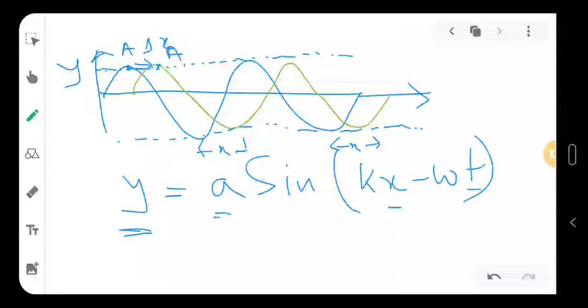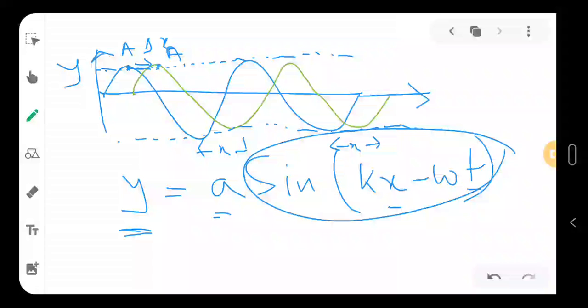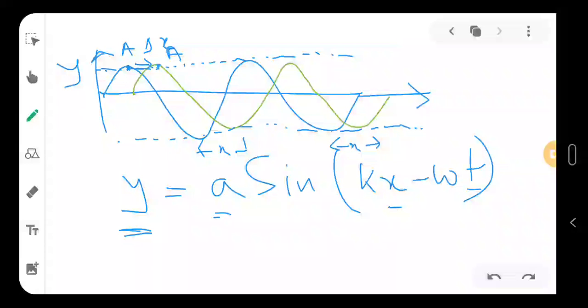So a is fixed. That means the whole sine part has to be constant somehow, and this will be constant only if kx − ωt is constant, because if this part is constant, then the whole part will be constant and y will be the same in both cases.